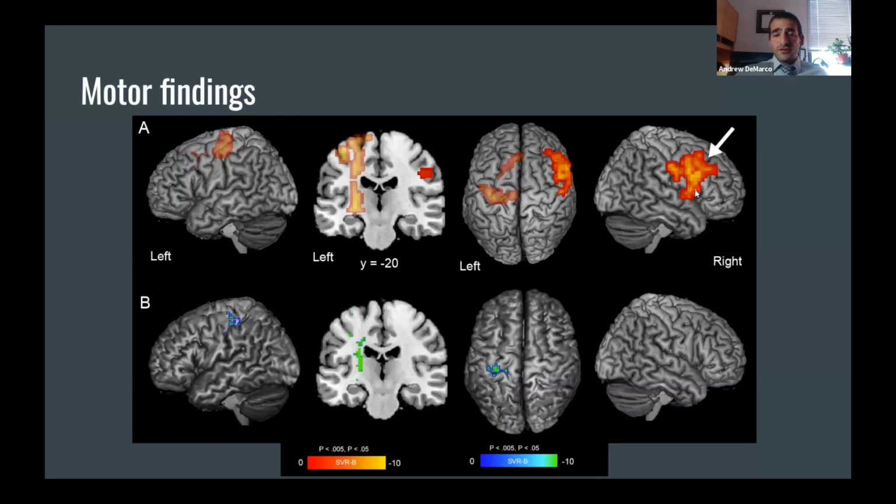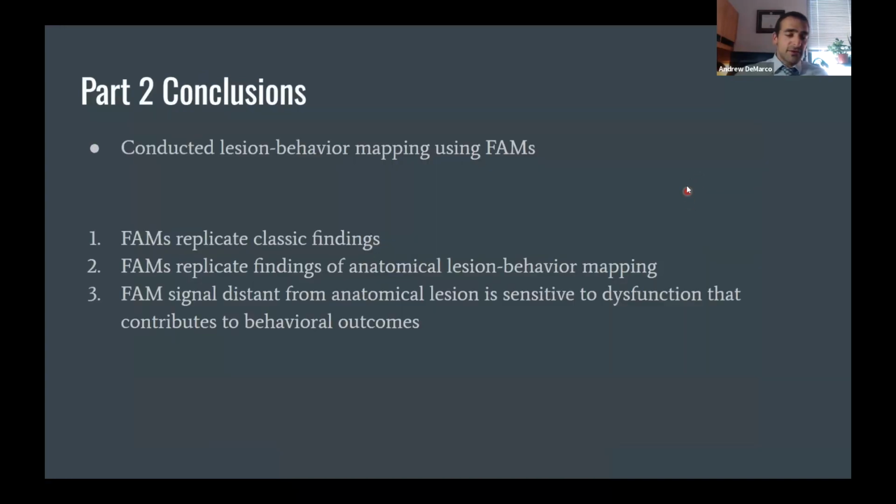And this result is consistent with what happens when, for instance, you take someone with left hemisphere damage to motor cortex and their contralesional hand recovers a bit, and then you TMS their contralesional premotor cortex, and some of that contralesional hand strength is lost, suggesting maybe that the right hemisphere premotor cortex is being relied upon to supplement that recovery. Okay, so that's our conclusion.